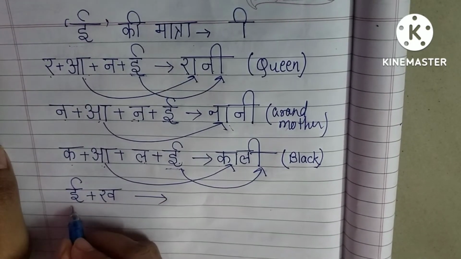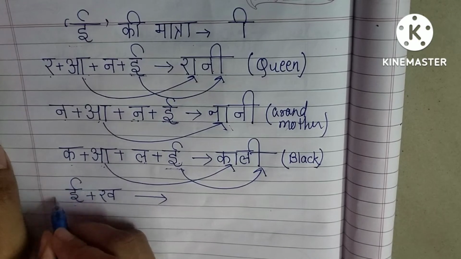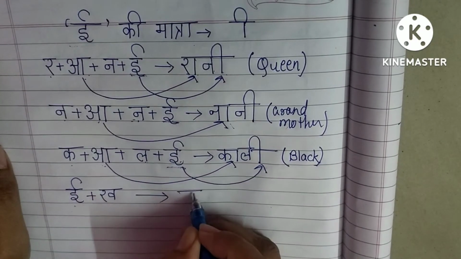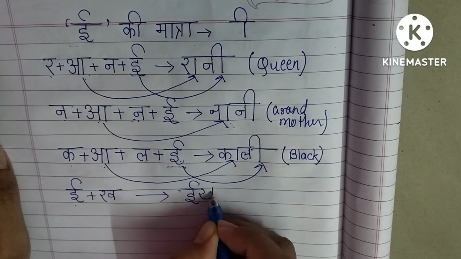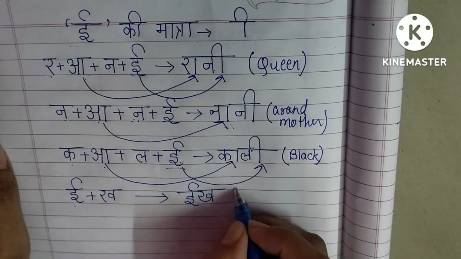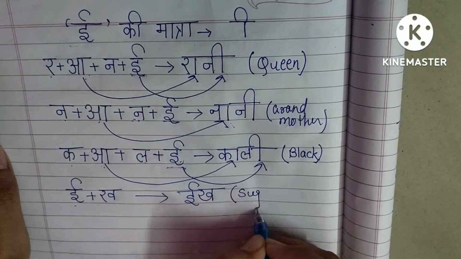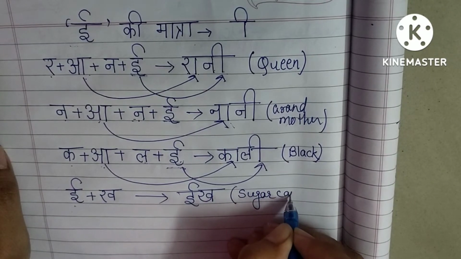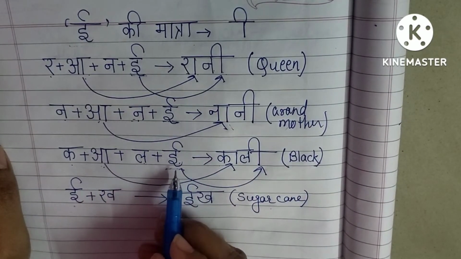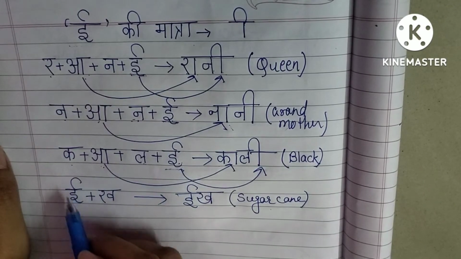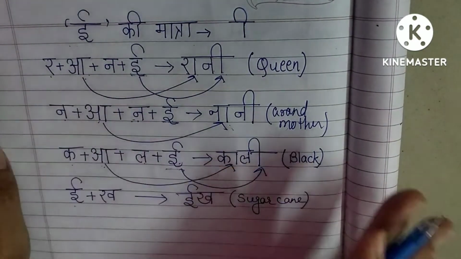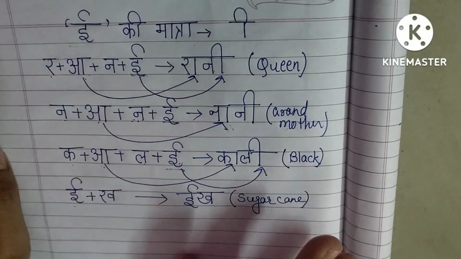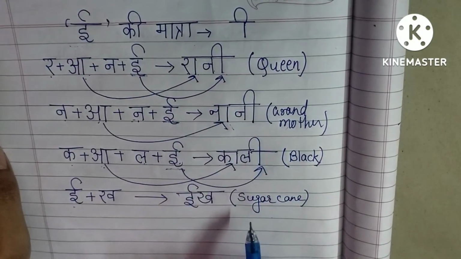Here you should not write E ki matra because E is in the first place. So write E as it is and then kh. Eek means sugar cane. It means if E comes at the first place, you should write E as it is, and if this E comes at any other place, second, third, last, any other place, you should put E ki matra.